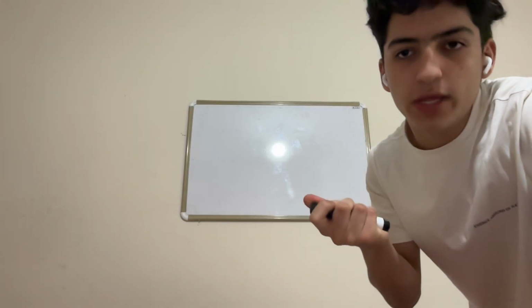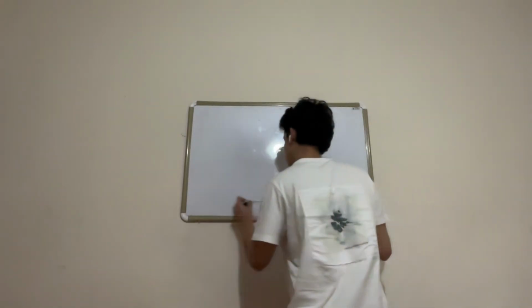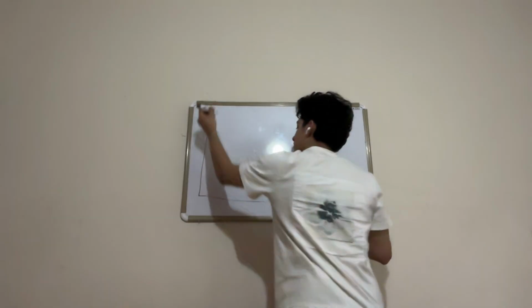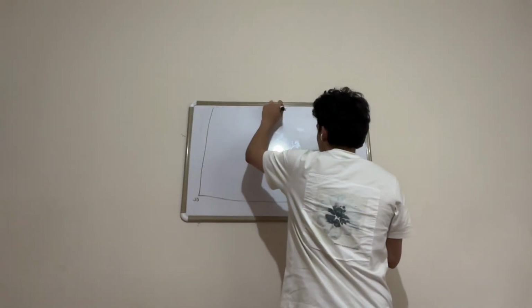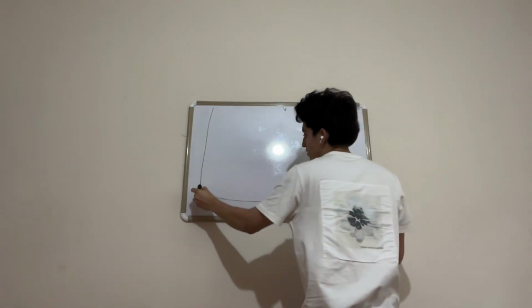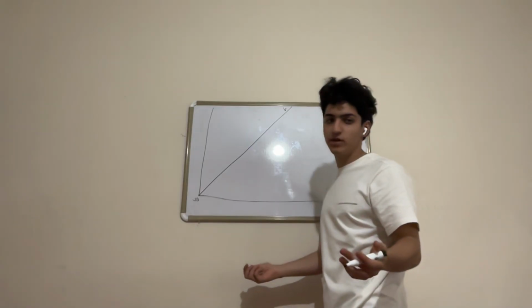Now, what if we want to know the average velocity, knowing that we are in this constant acceleration situation? In this situation, from the initial velocity to the final velocity, it's going to be a linear growth because it's a constant acceleration, right?